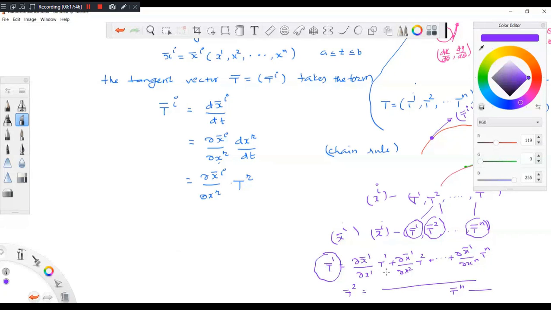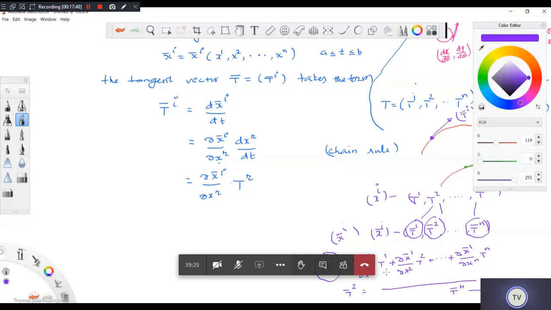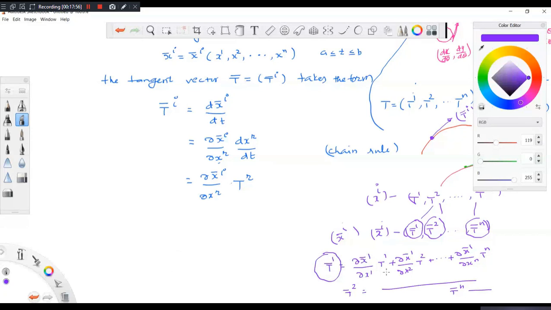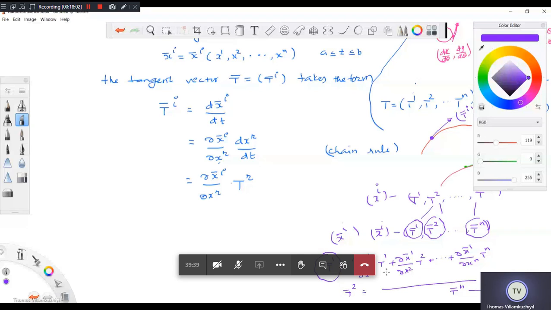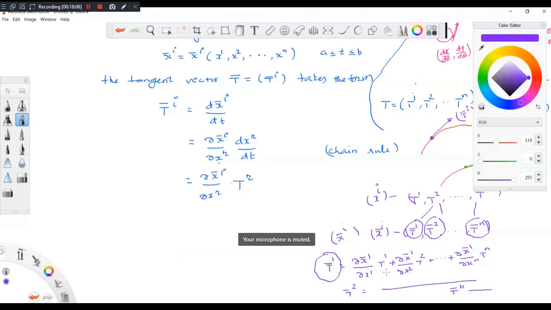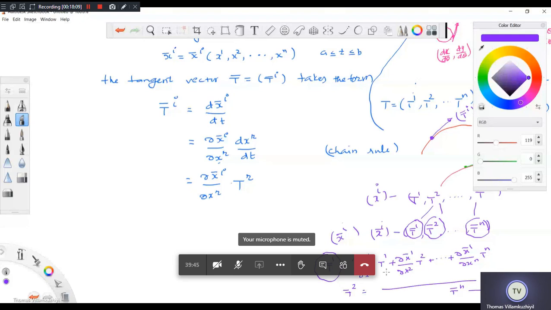So I have to look at the component in the rho direction, the component in the theta direction, and the component in the phi direction. There the definition of a component is different. In the Cartesian coordinates, it is the x direction component, y direction component, z direction component, so the components will be t1, t2, t3.